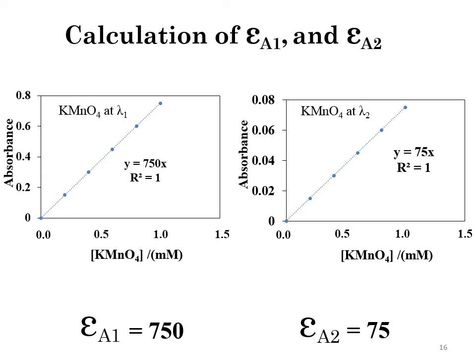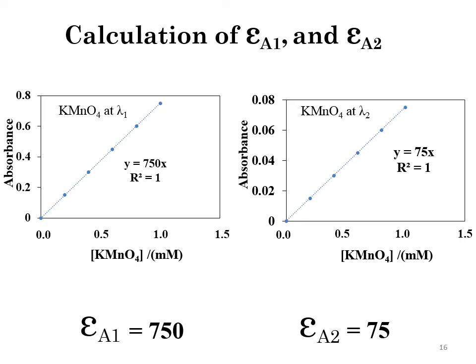Similarly, epsilon A2 can be calculated by plotting the absorbance of KMnO4 at lambda 2 as a function of concentration of KMnO4. As can be seen from the left hand side graph, the straight line equation of this graph is representing that slope is equal to 750.